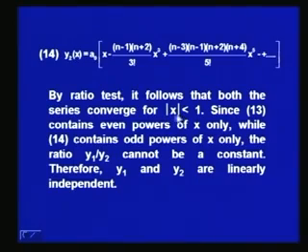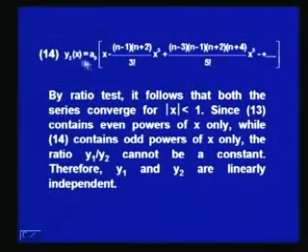Now, the series that occurs in the function y1(x) contains only even powers of x, while the series that occurs in the expression for y2(x) in 14 contains only odd powers of x.